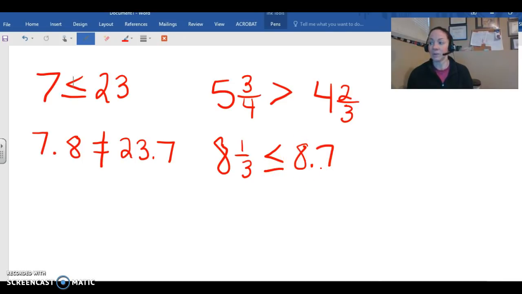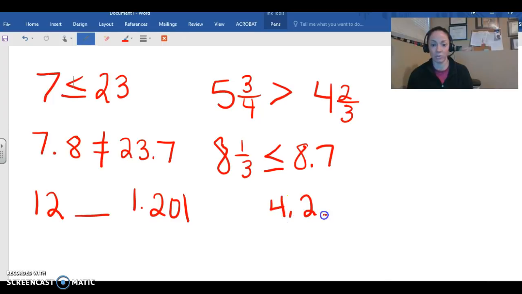All right, so in your notes, I want you guys to fill in the blanks on a couple of these. Actually, I have 4 of them. So you're going to fill in the blanks in your notes. You're going to have 12 is something compared to 1.201. The next one is 4.2 compared to 4 1/4.